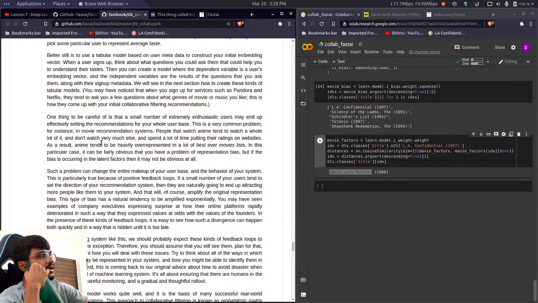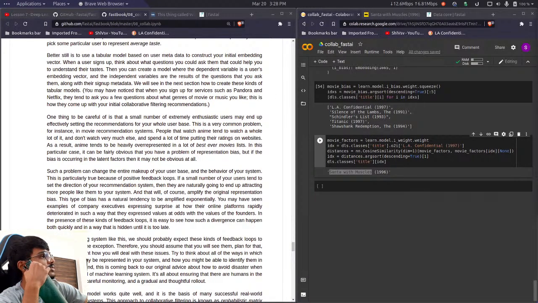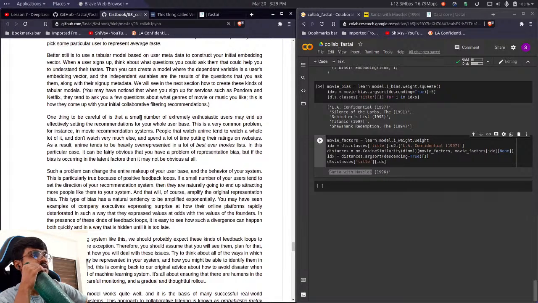One thing to be careful of is that a small number of extremely enthusiastic users may end up effectively selecting the recommendation for a whole user base. This is a very common problem, for instance, in the movie recommendation system. People that watch anime tend to watch a whole lot of it and don't watch very much else and spend a lot of time putting their ratings on websites.